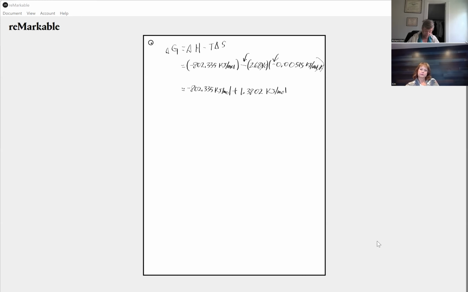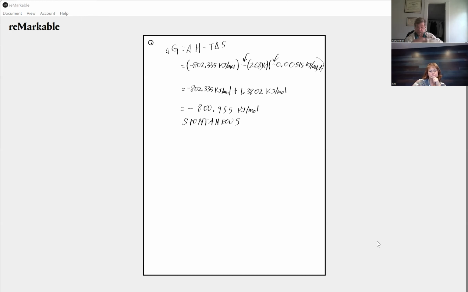And we end up with negative 800.95, rounding up to proper sig figs, 955 kilojoules per mole. It is negative, so it is indeed spontaneous, as we expected it to be. It is spontaneous.